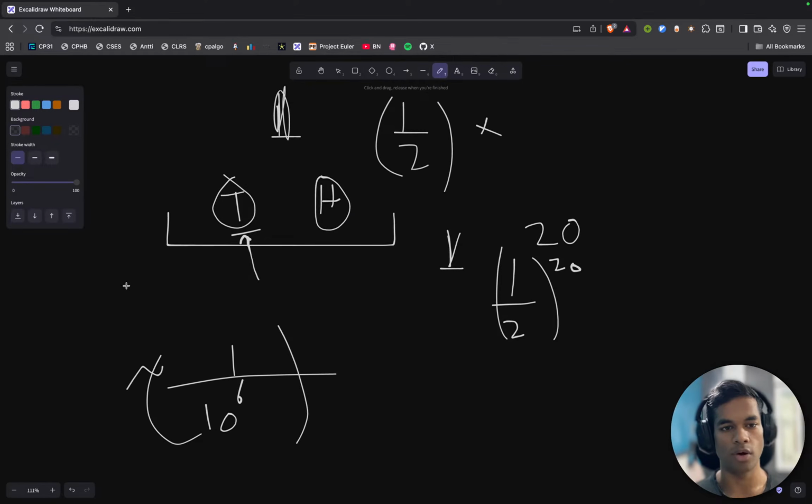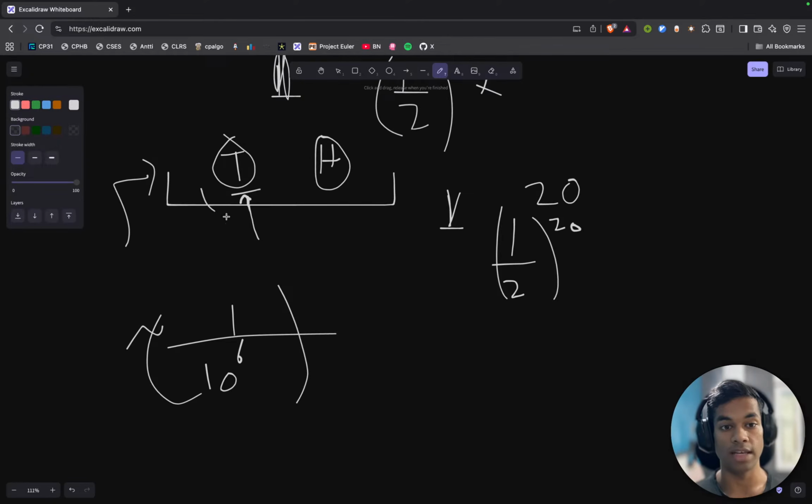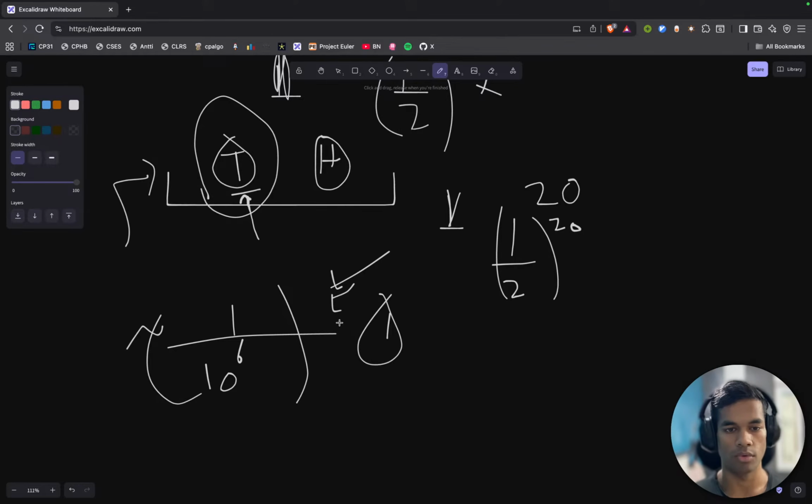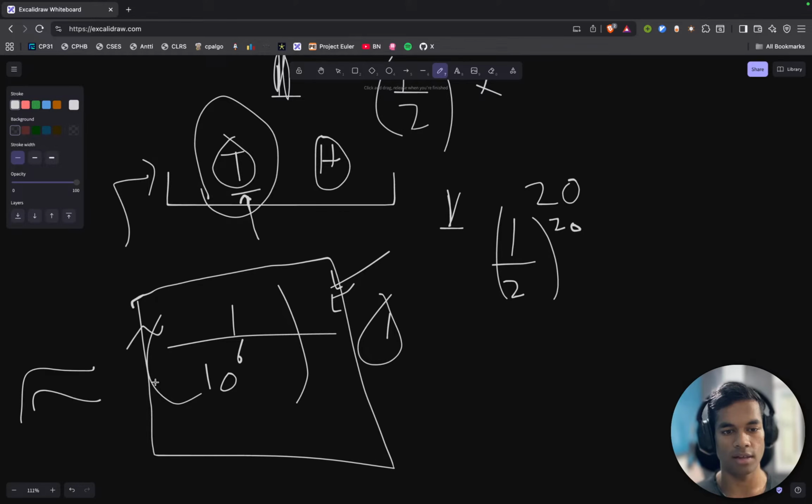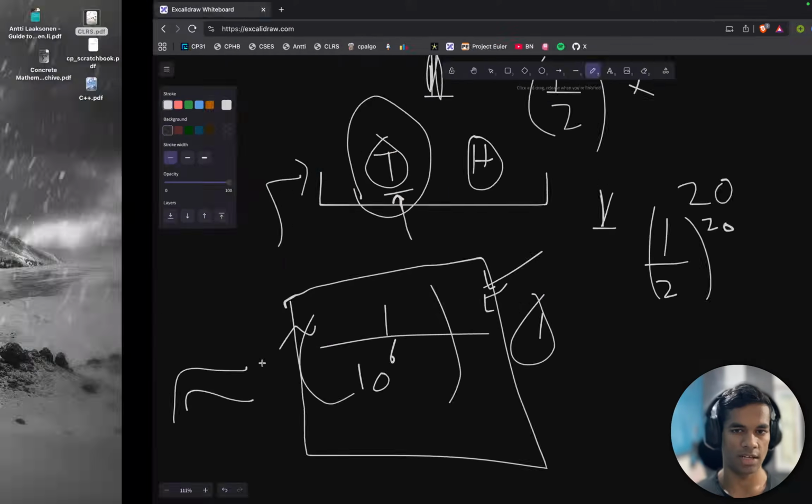So if you flip a coin 20 times, the probability that you do not get any tails is 1 in a million, which is very low. It is not precise, but it is very low. So you are almost guaranteed to have at least one tail in this interval. And yeah, something like that.